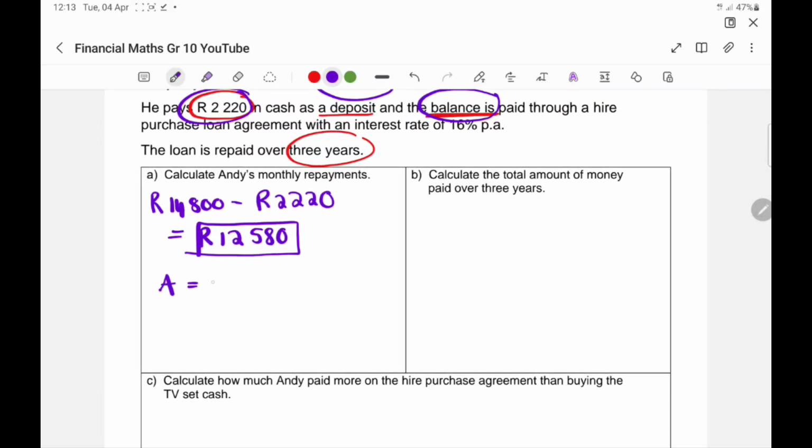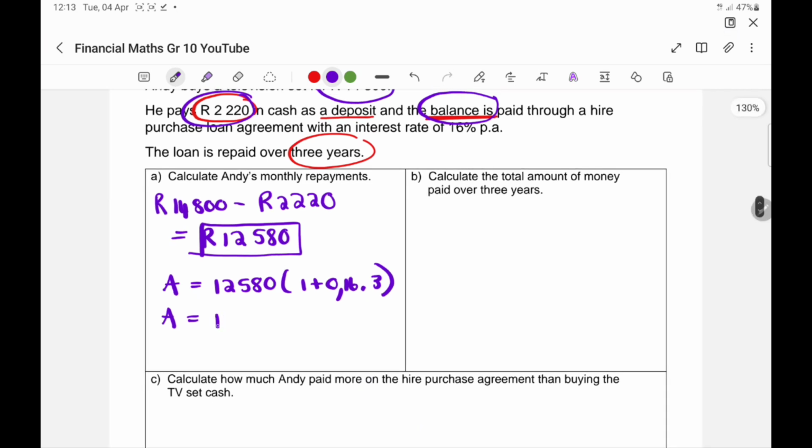So A is equal to 12,580. 1 plus the interest written as a decimal times by the number of years, simple interest, the years is at the bottom, and that should give you 18,618.40. But let's look at the question.